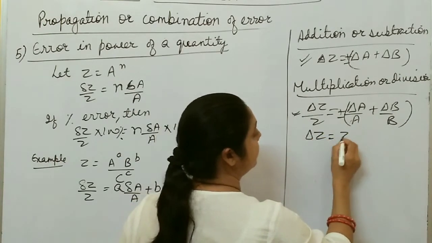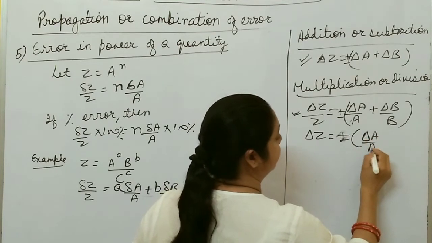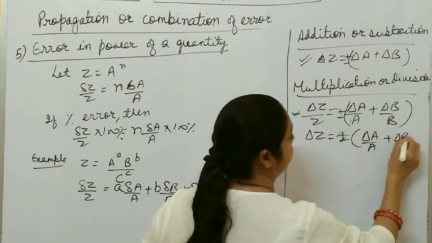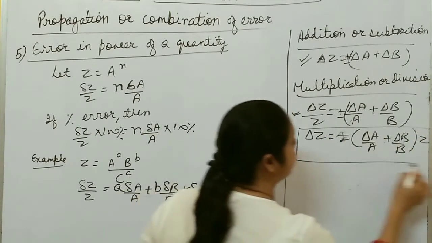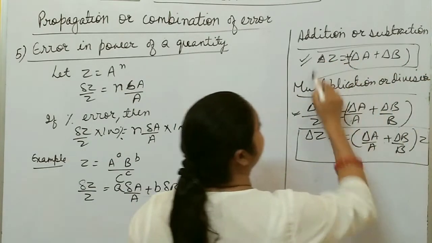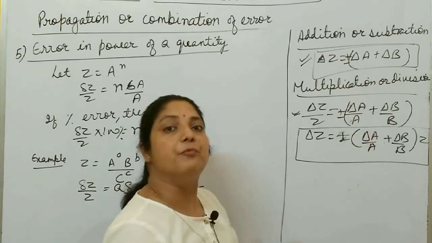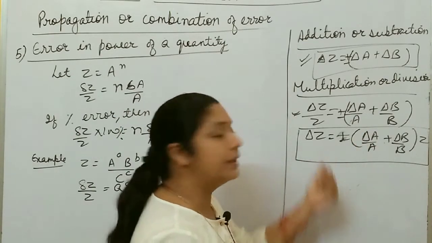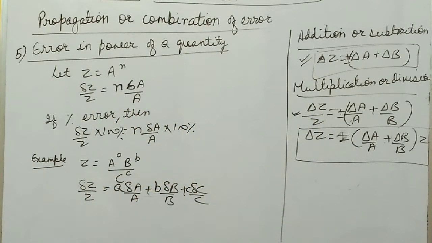Delta z becomes z into plus minus delta a by a plus delta b by b. So in this way you find delta z in case of multiplication or division, and delta z in case of addition or subtraction. And if power is there, you just multiply by the power. If percentage error is asked, then you just multiply it by 100. Okay. Please take a screenshot. Then I will take one example which includes all mathematical operators.